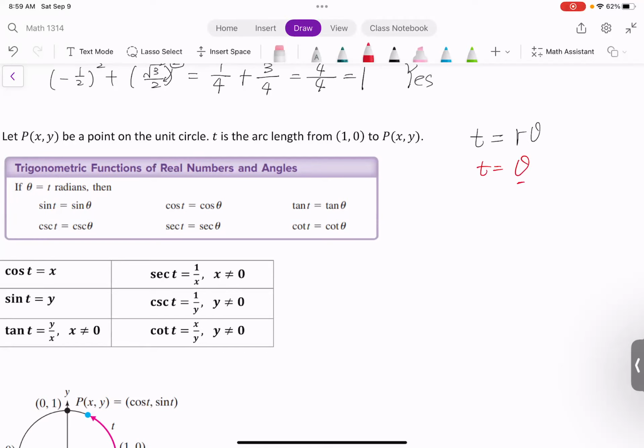This theta has no unit, and this T has a unit, for example inches, centimeters, meters, but the values are the same.